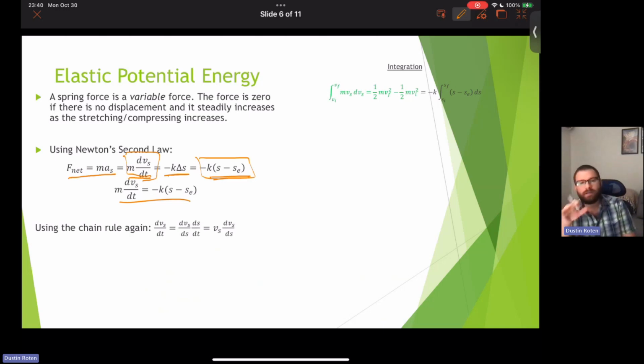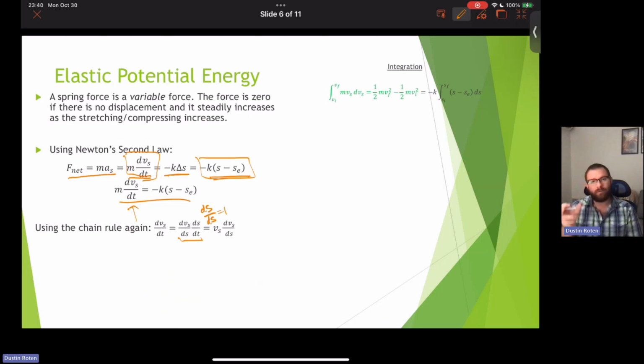Now I'm going to use the chain rule again. The chain rule is going to apply to this first term here, so I'm going to rewrite that dv dt. I'm going to use my trick where I multiply by 1, which is essentially ds over ds. If I multiply by 1, I don't change anything, so it's a totally valid maneuver.